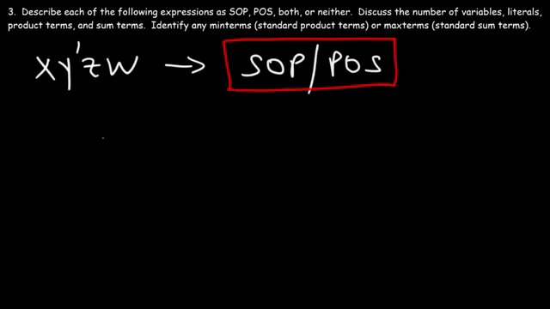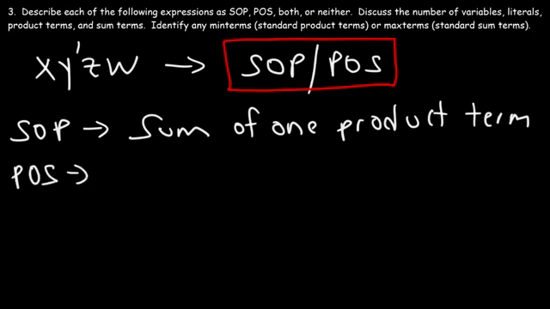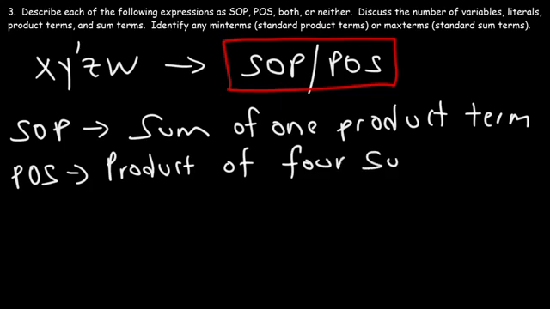In terms of SOP, we could say that this is the sum of one product term. Now, in the case of a POS expression, you can also describe it as the product of 4 sum terms.